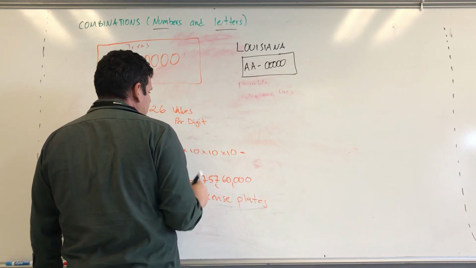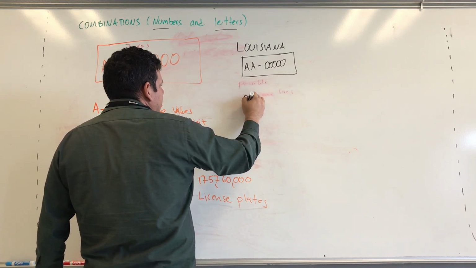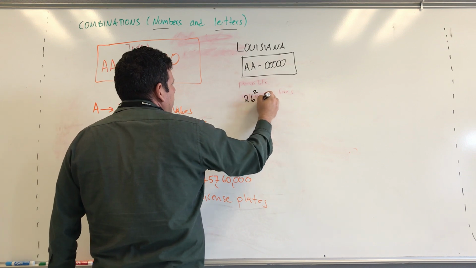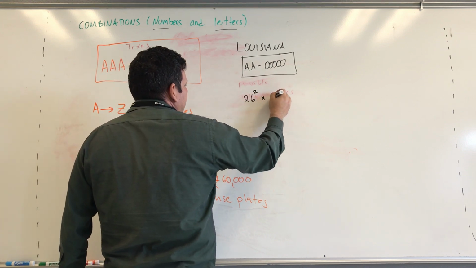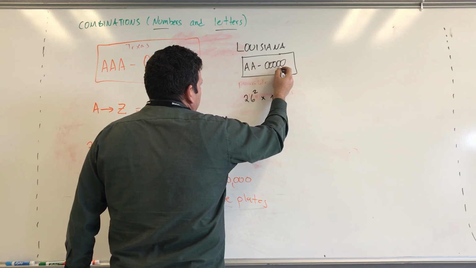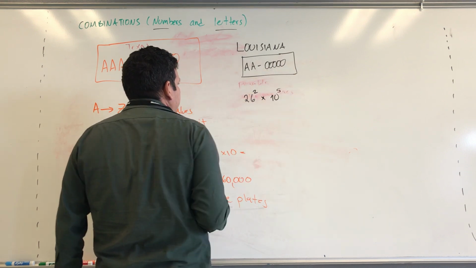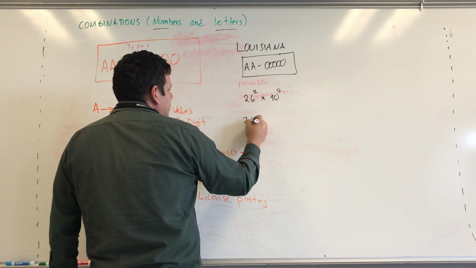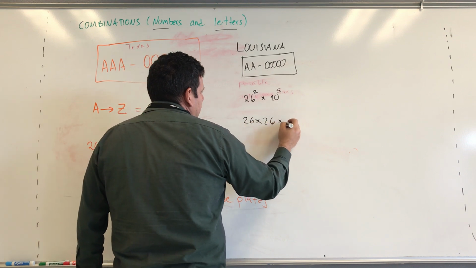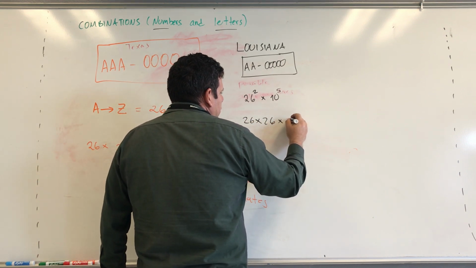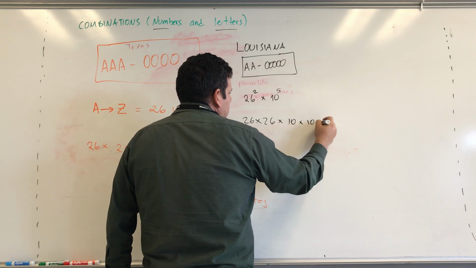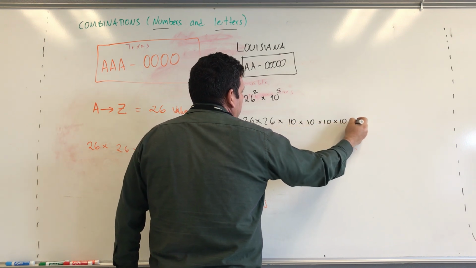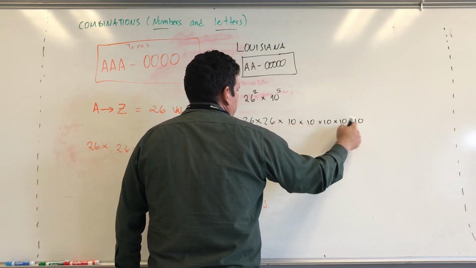So basically we have the same. We have 26 squared times 10 raised to the power of 5, or 26 times 26 times 10 five times.